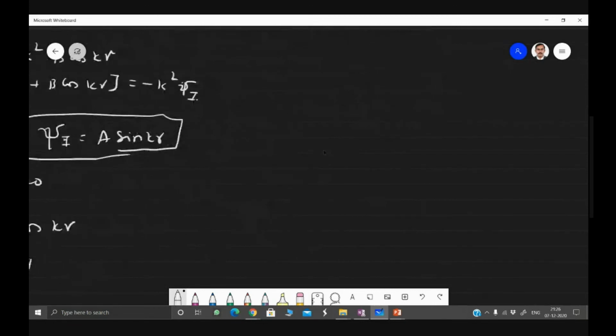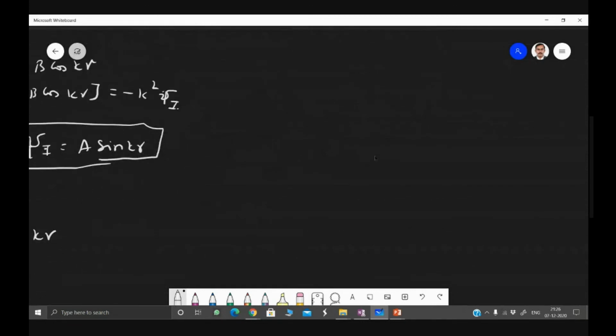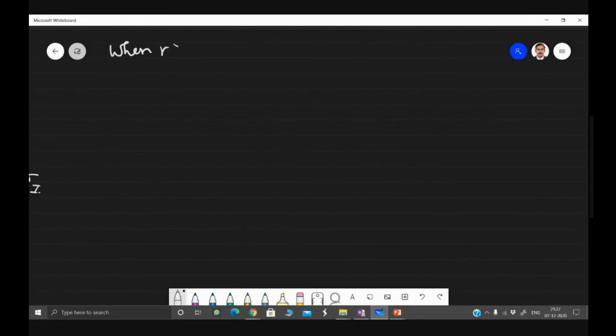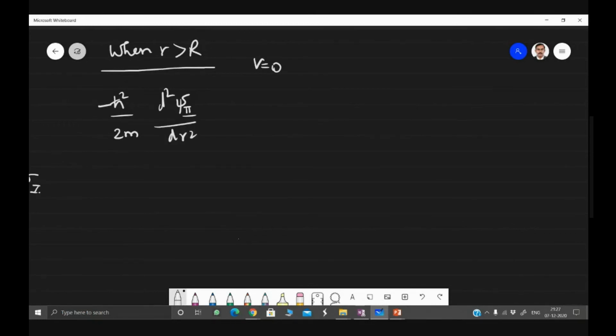Okay, let us consider region 2 when r is greater than R. The potential will be 0. Simply we have the equation minus h cross square by 2m d square psi 2 by dr square, denoting region 2. Potential will be 0, so this is simply E psi.